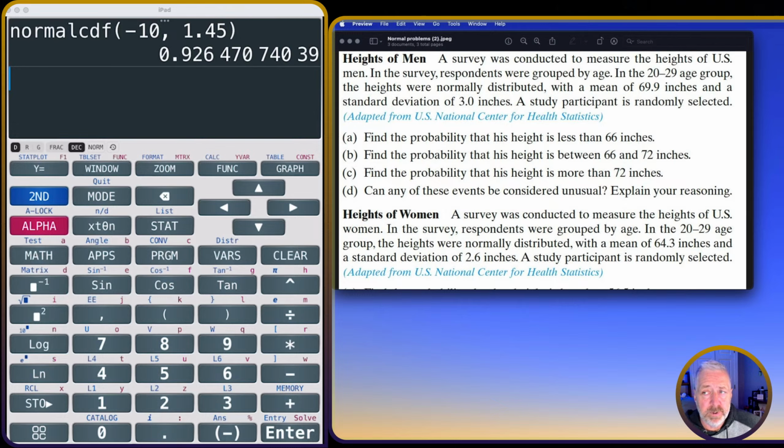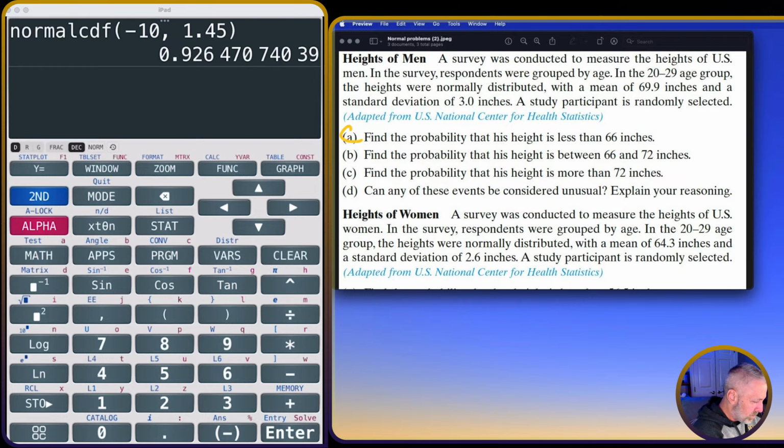A study participant is randomly selected. So you reach into the pool, you pull one person out. What's the probability that this person's height, that his height is less than 66 inches? Okay. Do I have enough room? I'll go below. Okay.